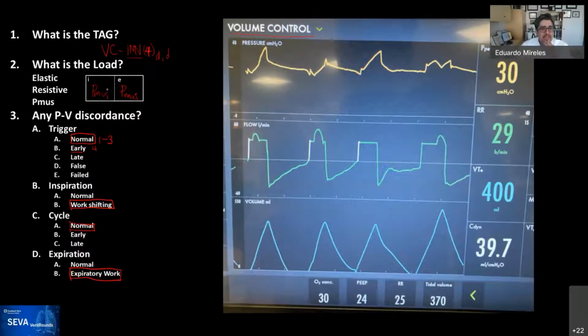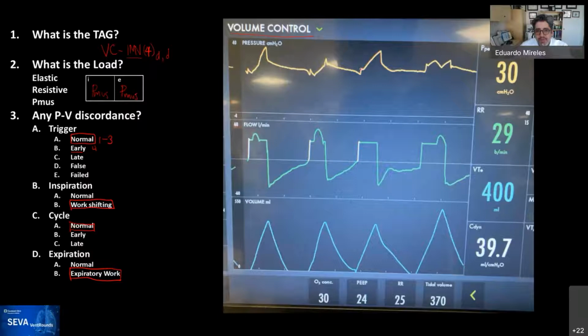I do think, Samit, you read this very nicely. There's Pmus during inspiration in all of these breaths, except on this one over here, on the third one, or not major Pmus. When I read this, the first thing that I see is that the initial hike in pressure is not elevated.